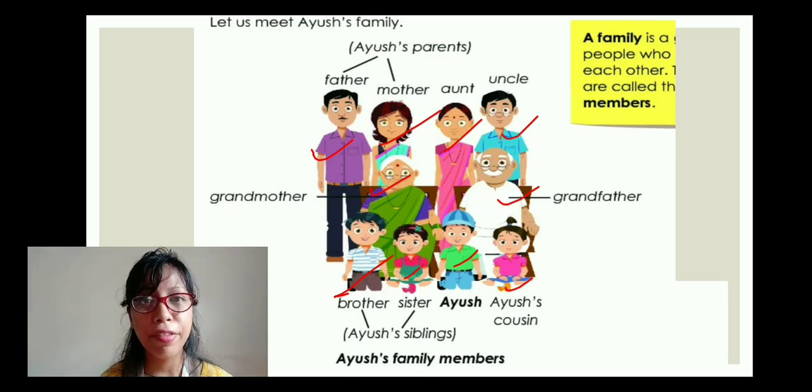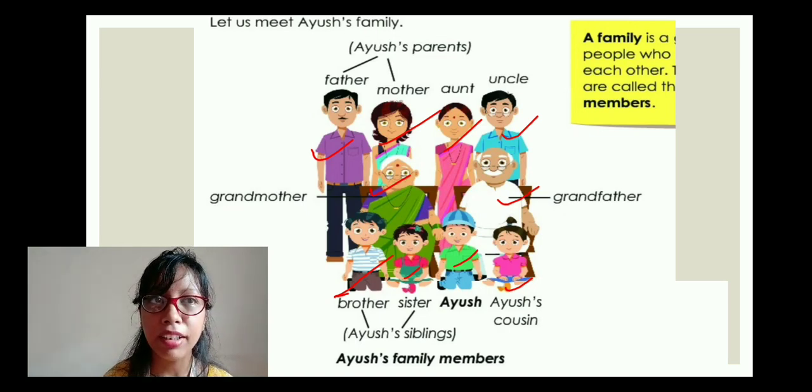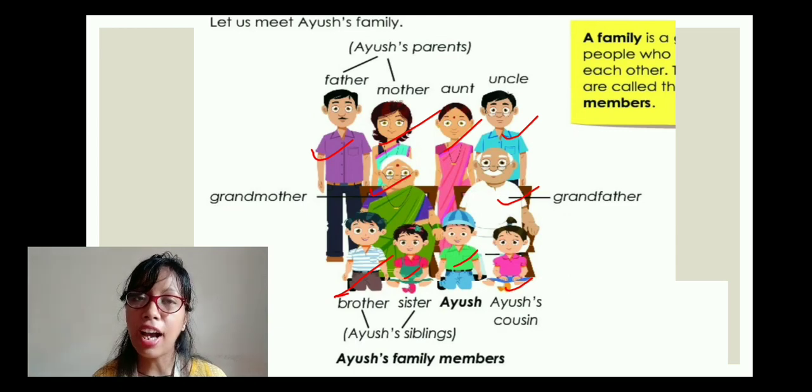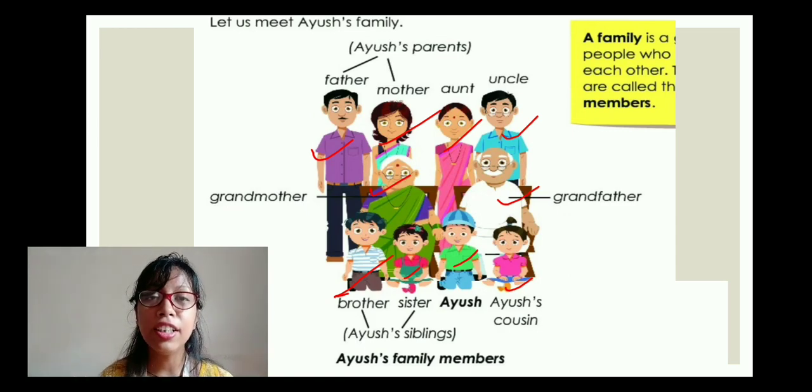Is it a joint family or a nuclear family? Yes, it is a joint family, because along with his mother and father, he has grandparents living together, and also uncle and aunt along with their child, which is Ayush's cousin. They all live together, a big family, right? So it is a joint family.